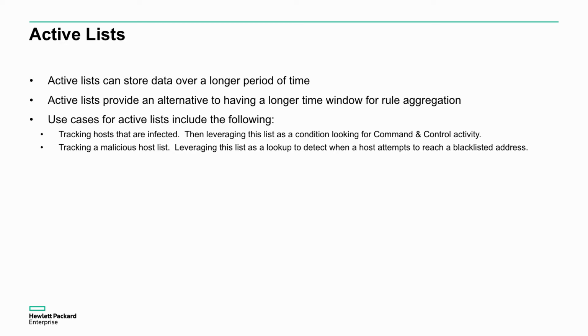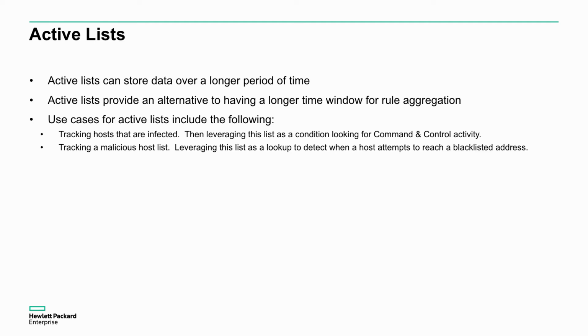So a good example is tracking hosts that are infected. So we want to have a rule that's going to pick that up and identify the command and control activity, and then we update that information and put their source IP address, host name, maybe even the username, and put that onto a tracking list. And then we can leverage that list by looking up information at a later date. And that data is not lost. We don't have to then refer back to it. And we certainly don't need to run the correlation rule again.